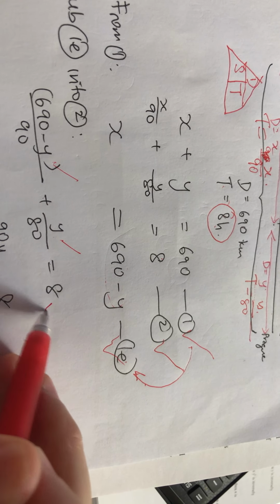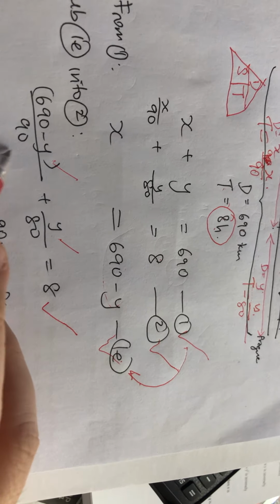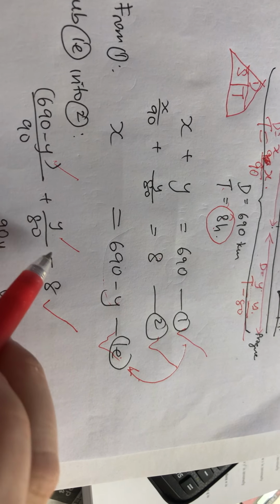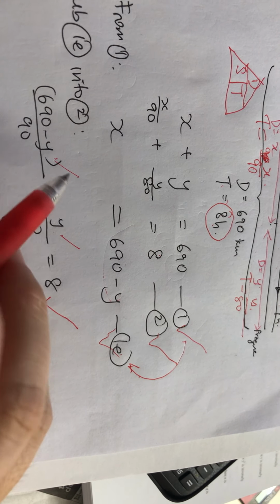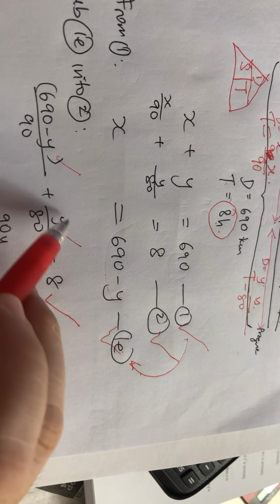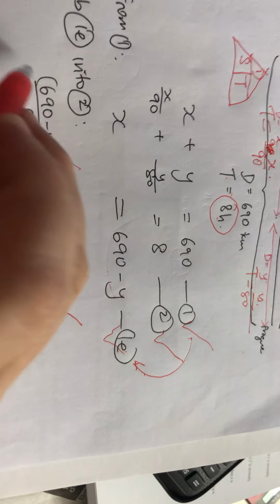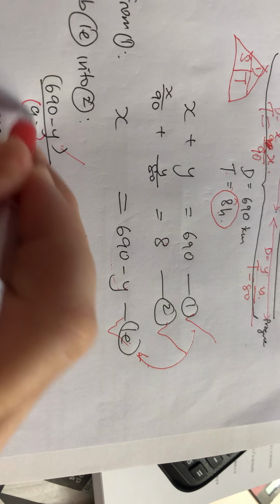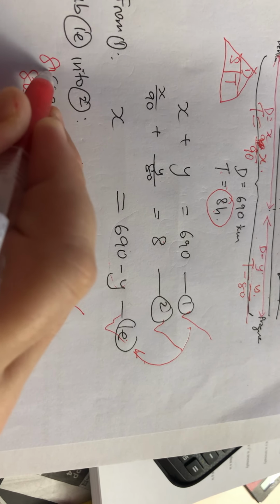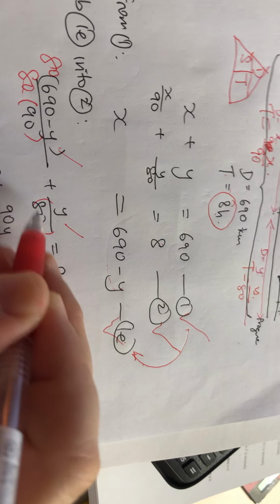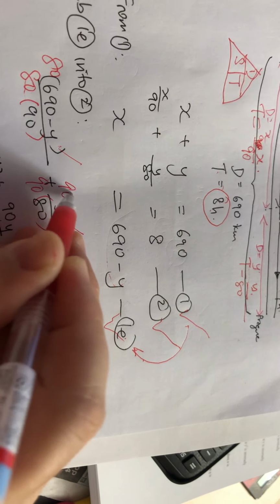Again I need to remove the denominator, but because there's a fraction here, what I did was combine these two fractions together. How do I do that? I make the denominator the same, something you have learned in Set 1.